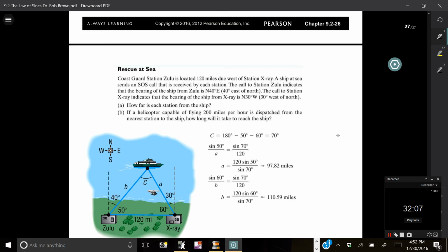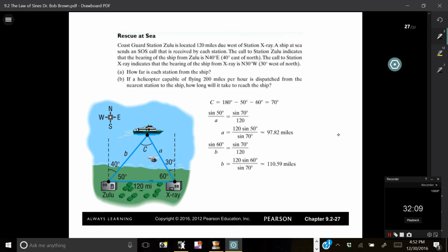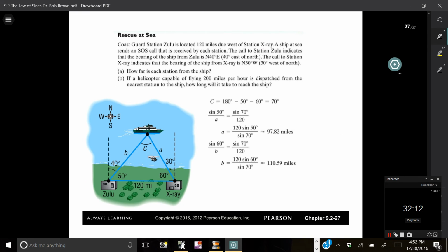Now, the last problem is a rescue at sea. We're given two Coast Guard stations, one called Zulu, one called X-ray, and they're 120 miles apart.